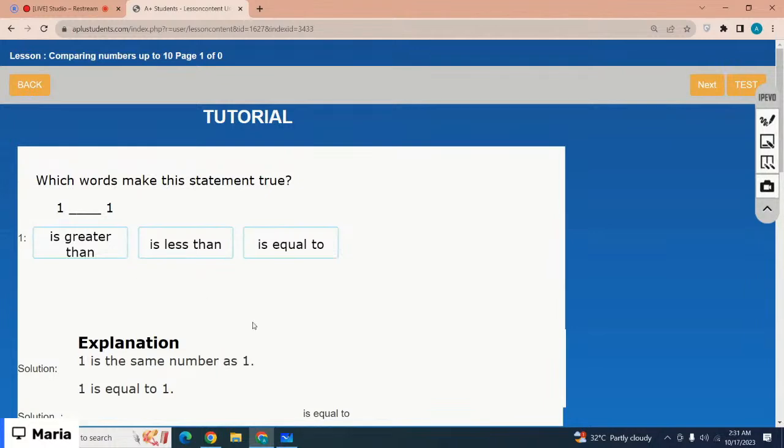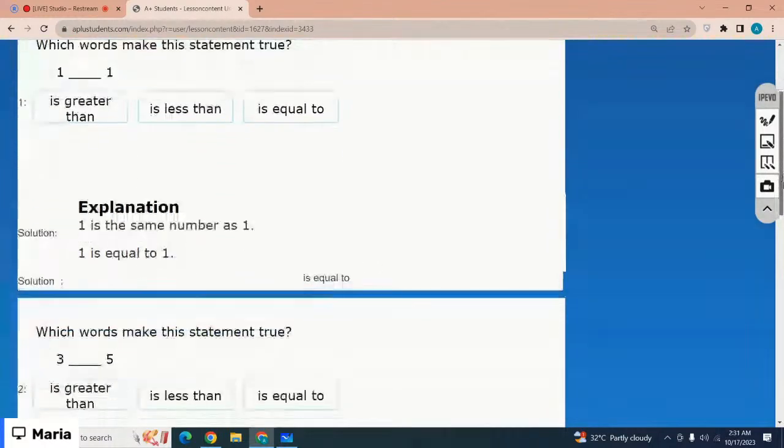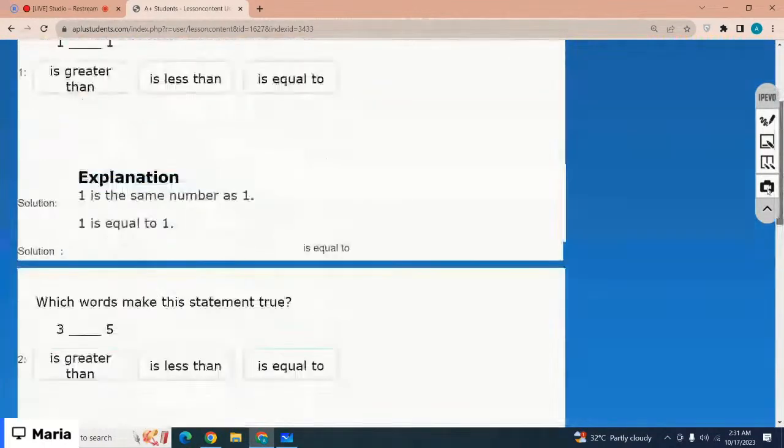Let's look at another example. Which words make the statement true? 3 and 5. So which is the correct option? When we are counting, 3 comes before 5, isn't it?